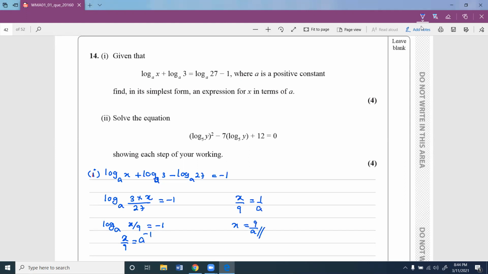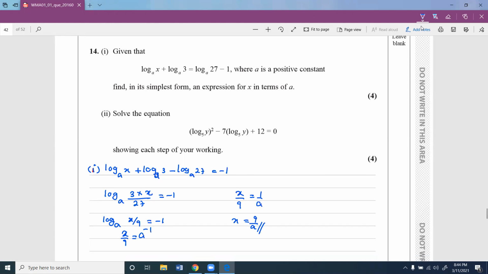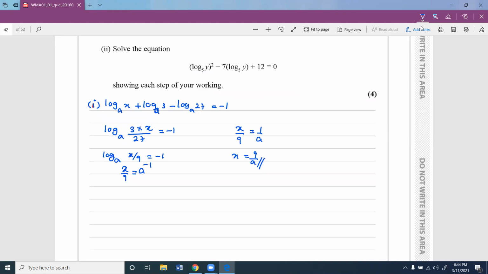That's a way of getting this. Then they mention solve this logarithmic equation. We also use the same thing. So you can write this as log 5y whole thing squared minus 7 log 5y. You can see it's a form of a quadratic equation.